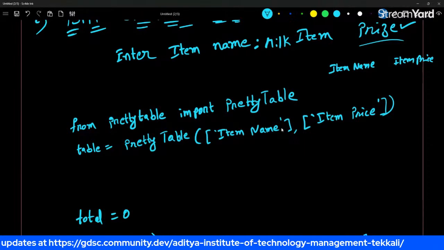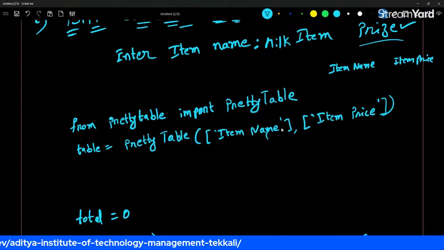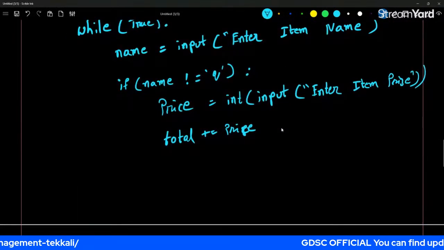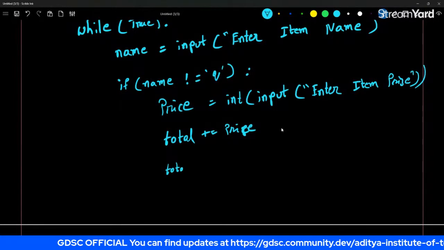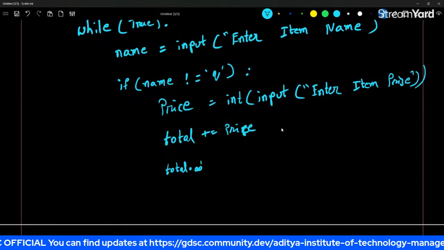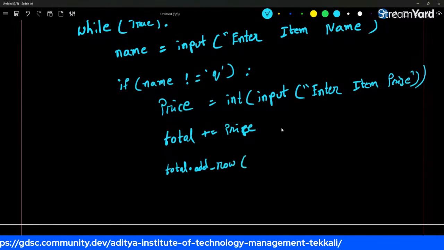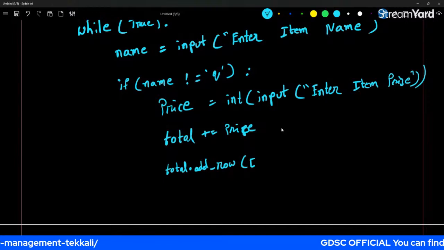So here I just created this object, right? Further I have to add the row. That object has a function called add row. By using that object, I'm calling this add_row method. In this method, it will accept an argument, which is a list. That list must contain two items, right?